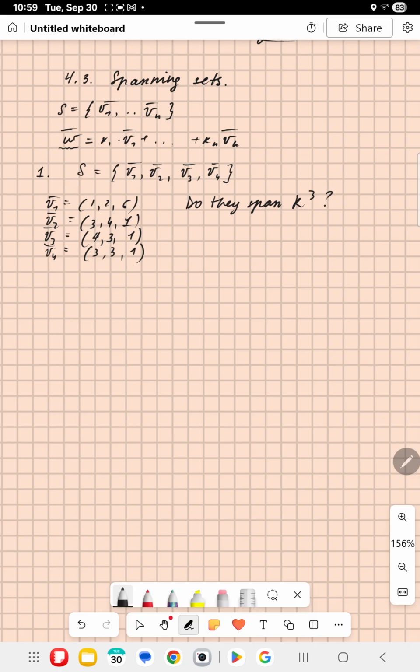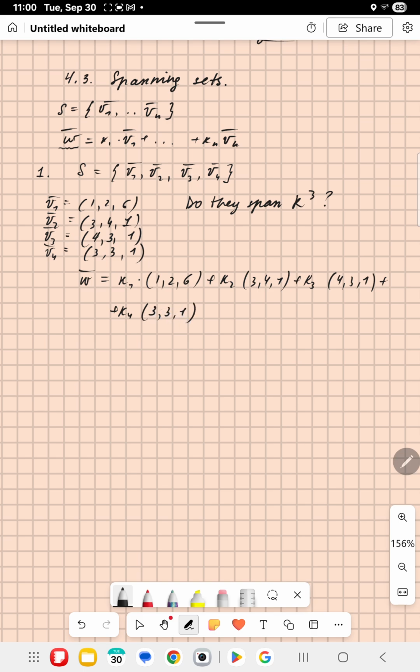Well, let's write down how it's supposed to look. Let's imagine that we have any 3-dimensional vector W, and it's a linear combination of these 4 vectors: K1 (1, 2, 6) plus K2 (3, 4, 1) plus K3 (4, 3, 1) plus K4 (3, 3, 1).